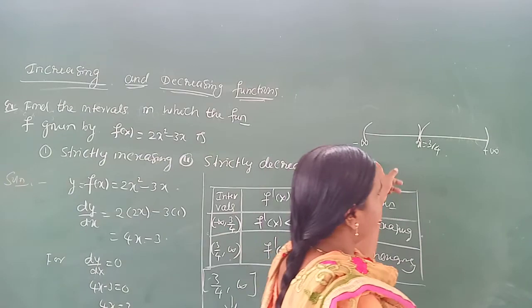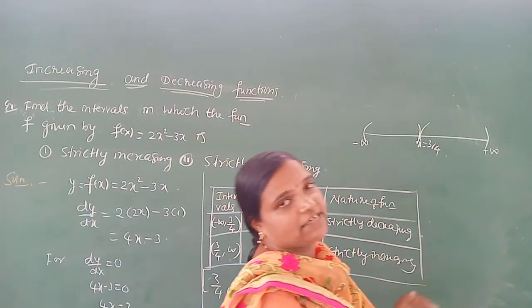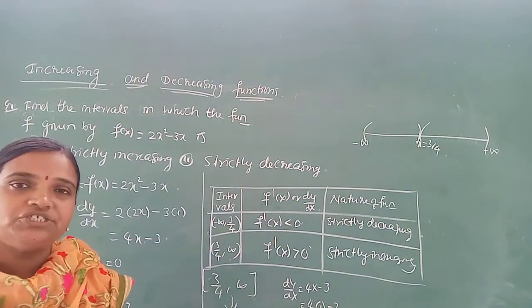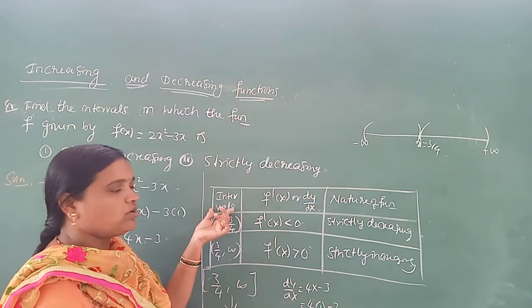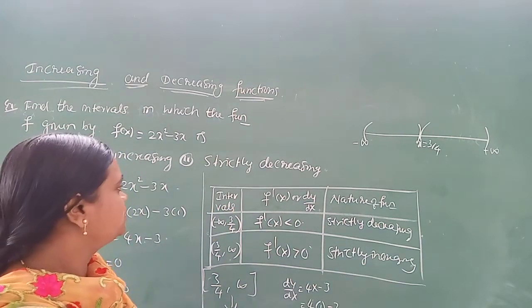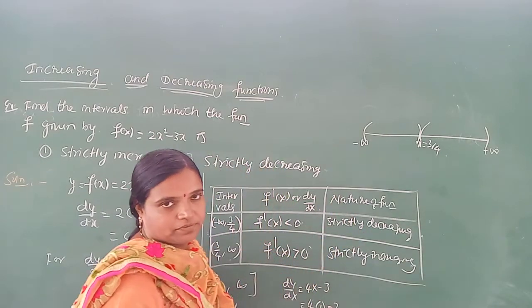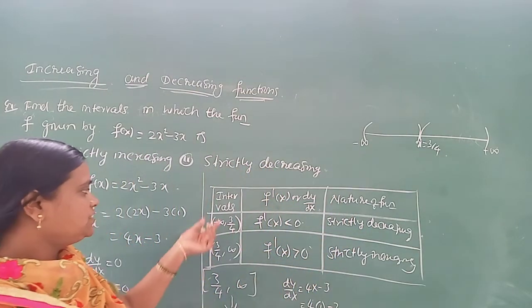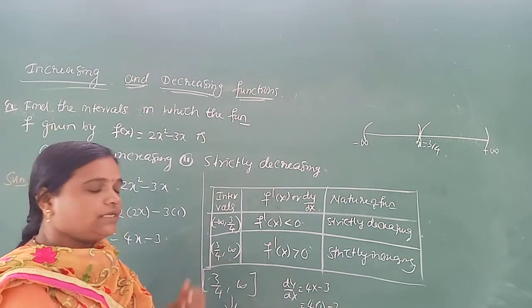One is minus infinity to 3 by 4 and the next is 3 by 4 to infinity. In that we have to verify if the function is increasing or decreasing. For that we have to construct a table with intervals, f dash of x and nature of function. Okay, intervals minus infinity to 3 by 4 and 3 by 4 to infinity.